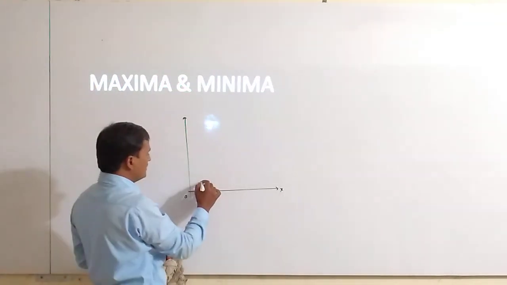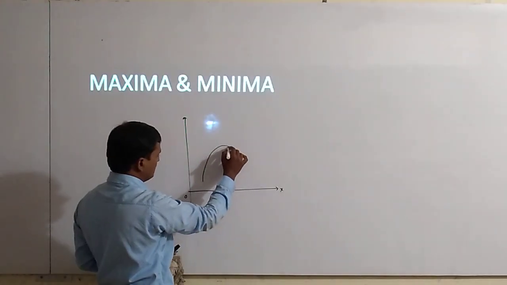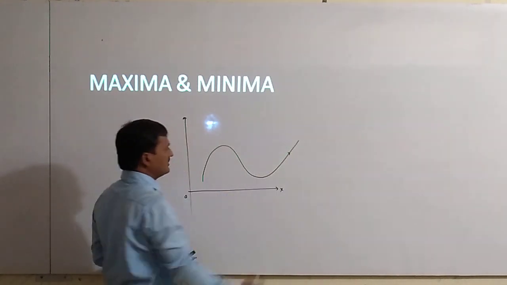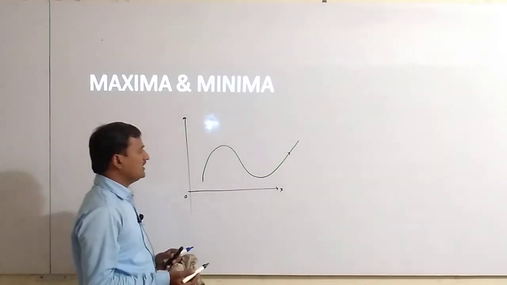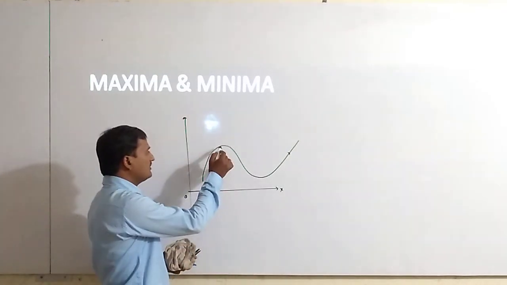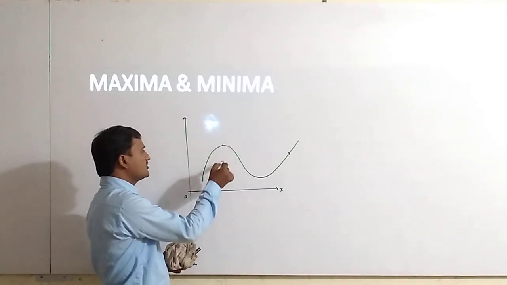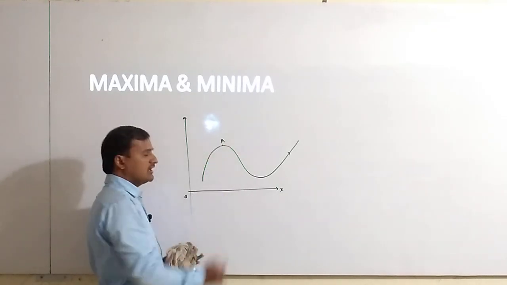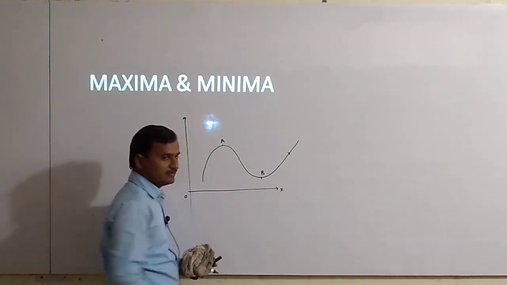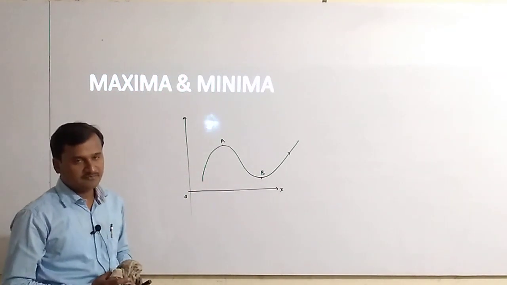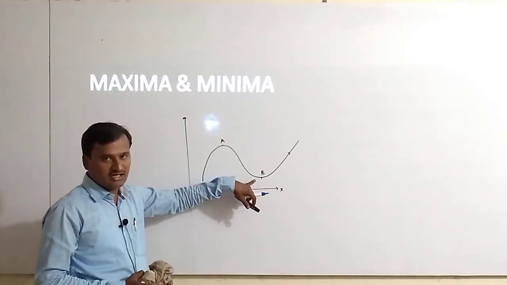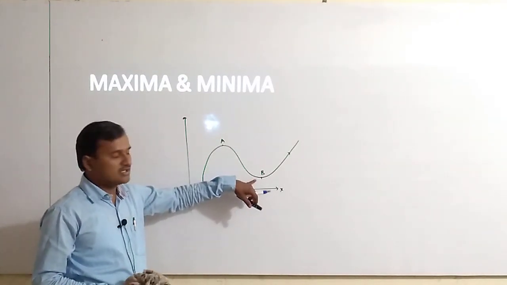So clearly here I want to take one graph like this. So this is the graph, right? So clearly by seeing the graph, we will say that the function is maximum at point A and the function is having minimum at point B. So this is the maximum point and this is the minimum point, right?